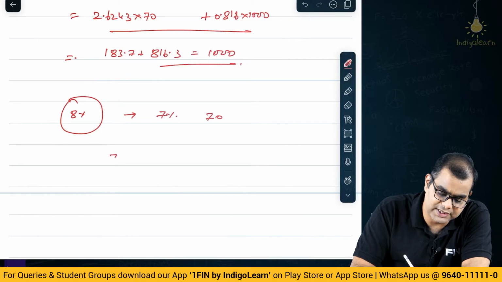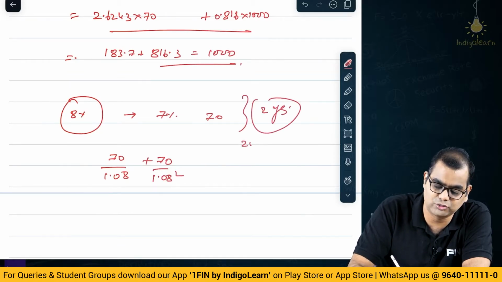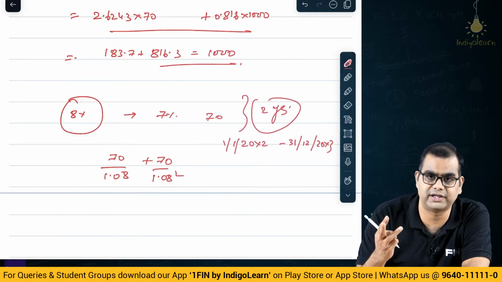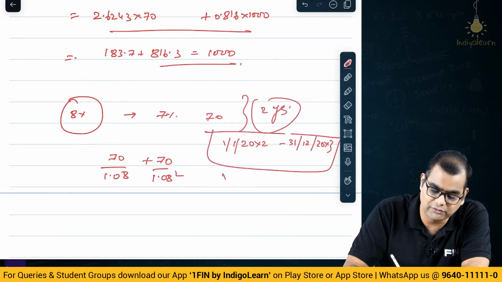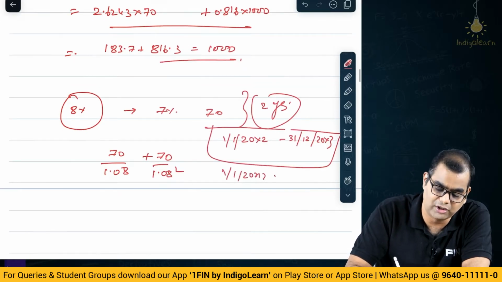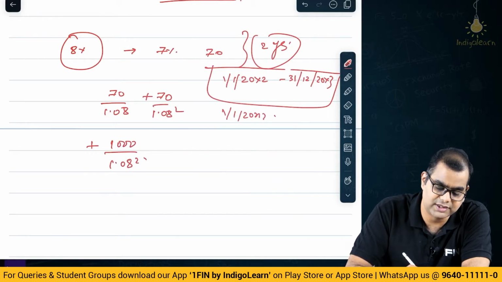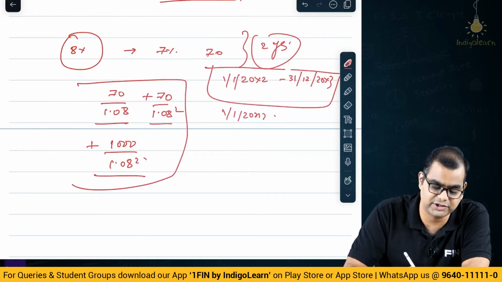So, what will happen? 70 by 1.08 plus 70 by 1.08 whole square. Why is this for 2 years? From 1/1/20x2 to 31/12/20x3. It's a 3-year bond, of which 1 year is over. So, balance 2 years, you are finding out the price. You are on 1/1/20x2. So, the price will be 70 by 1.08 plus 70 by 1.08 whole square plus 1000 by 1.08 whole square.